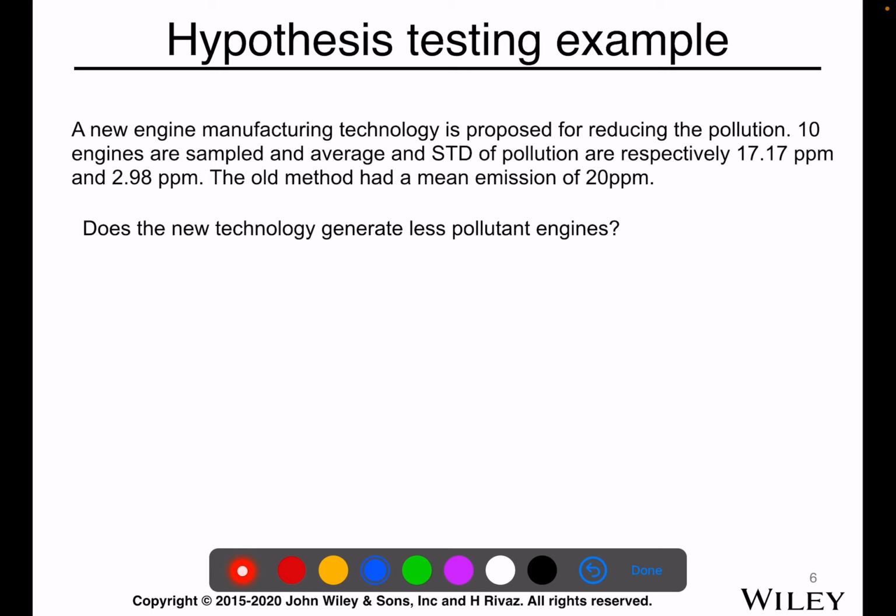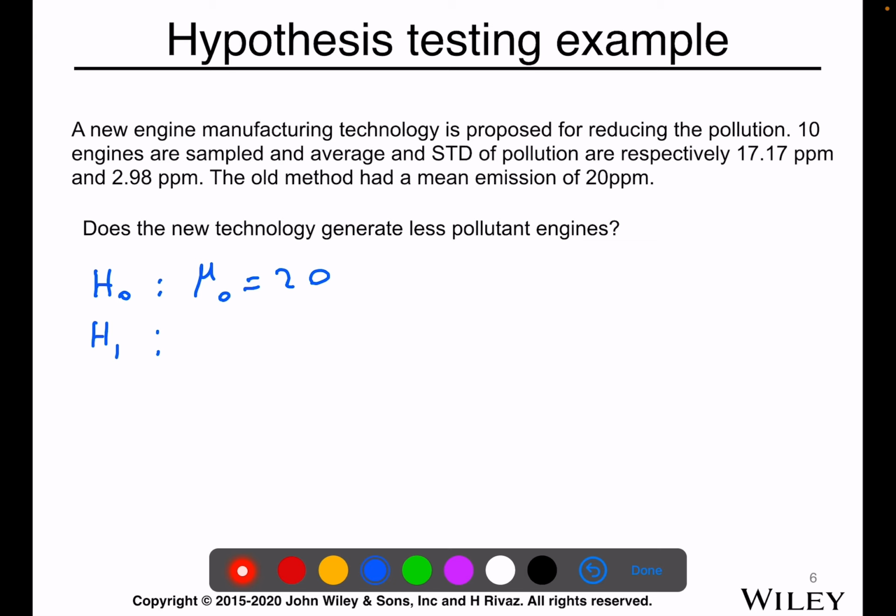Right? So we can basically summarize what we read. The null hypothesis says that mu0 is 20, right? And the alternative hypothesis, what is it? It's not 20, or it's more than 20? Or less than 20, right?